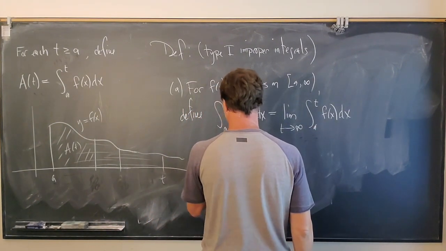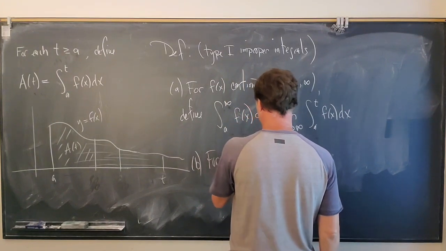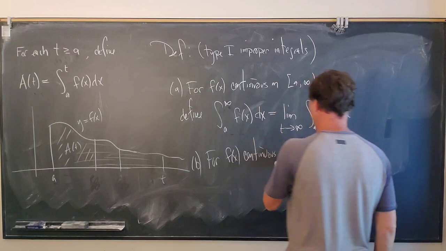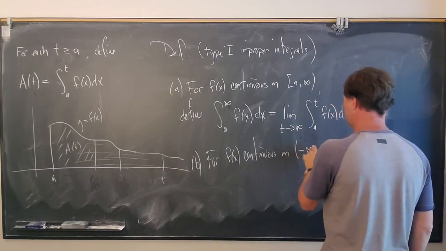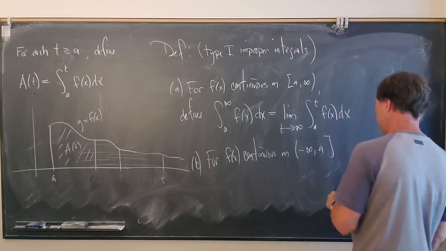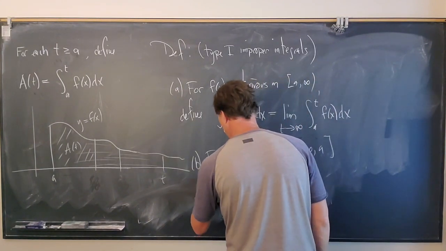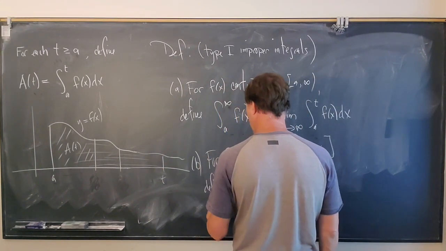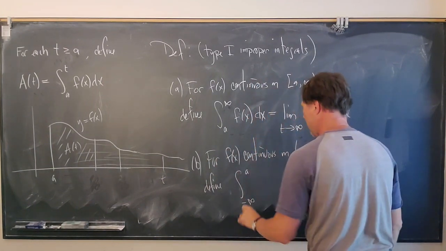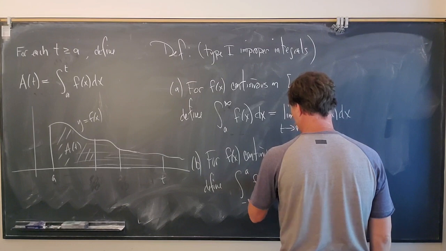Okay, part B, for f of x continuous on the interval, now it's going to go from minus infinity to a. Define the integral from minus infinity to little a of f of x dx.